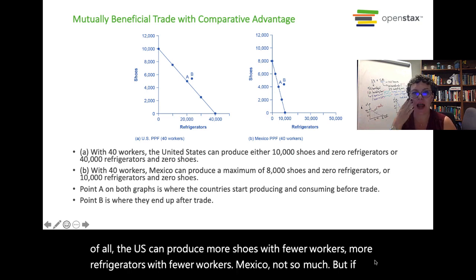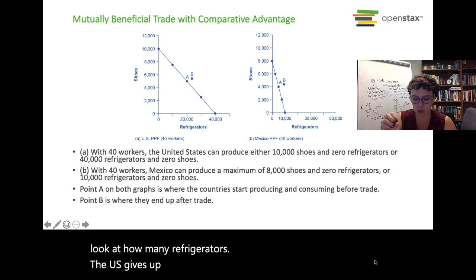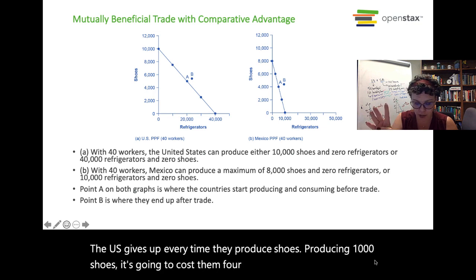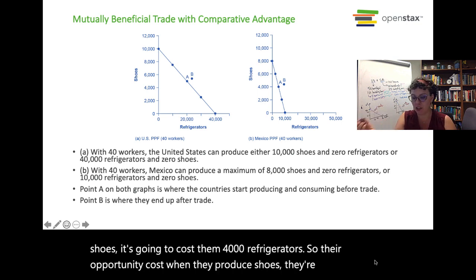But if we look at how many refrigerators the US gives up every time they produce shoes, producing 1,000 shoes, it's going to cost them 4,000 refrigerators. So their opportunity cost when they produce shoes, they're giving up a lot of refrigerators.